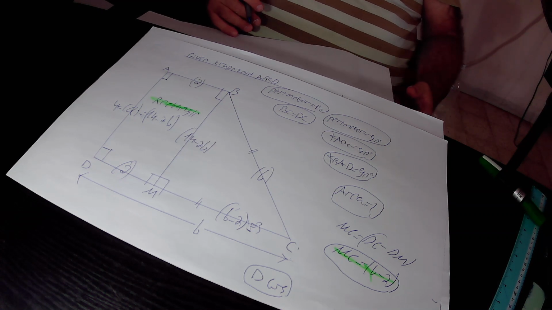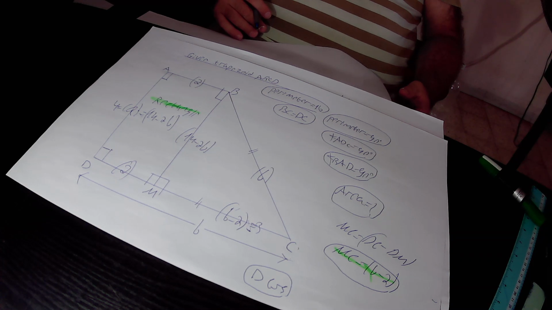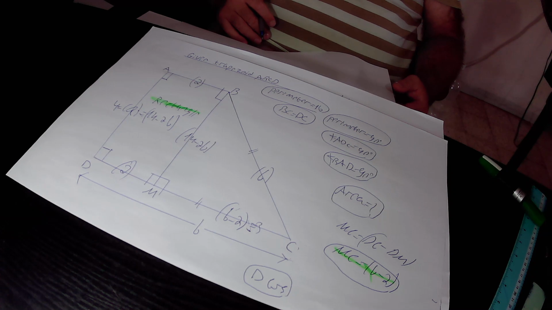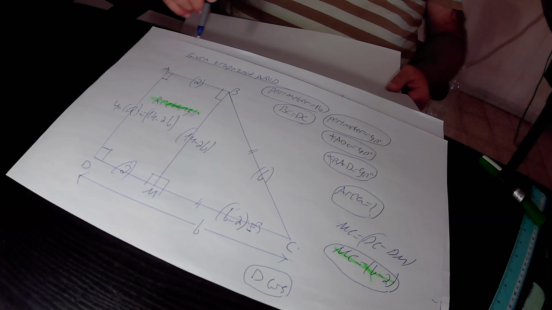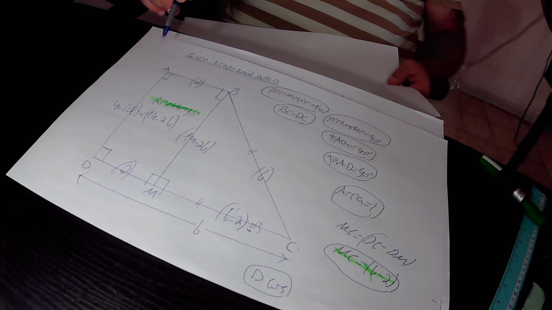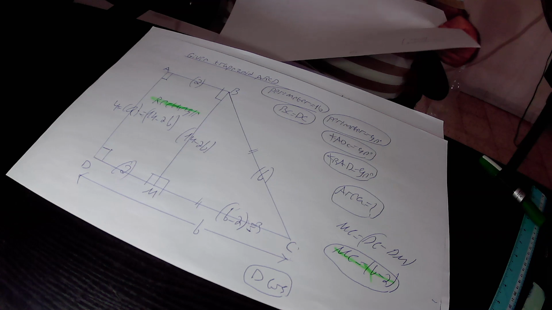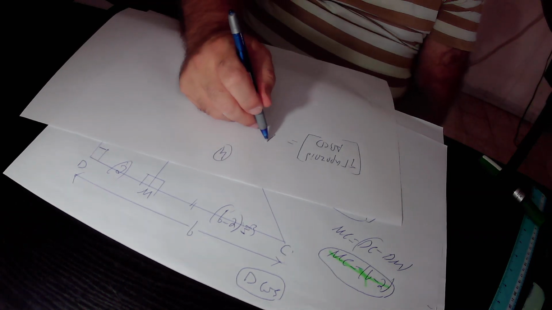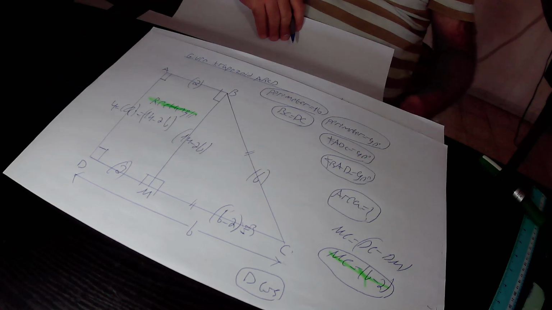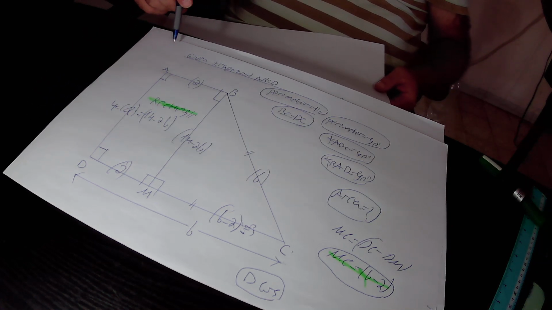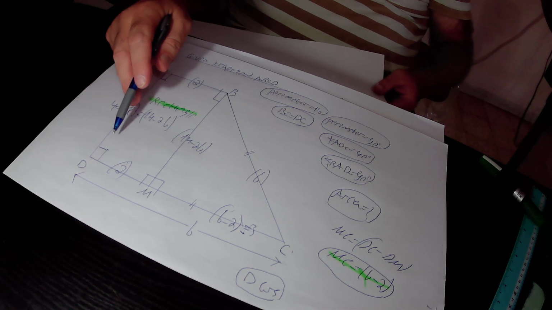So first of all, we write it in letters, and then we put the numbers inside the letters. So the area of trapezoid ABCD is equal to the sum of its two parallel bases, that is AB plus DC, times the height, over 2. The height is AD because AD creates 90 degrees with the two bases.